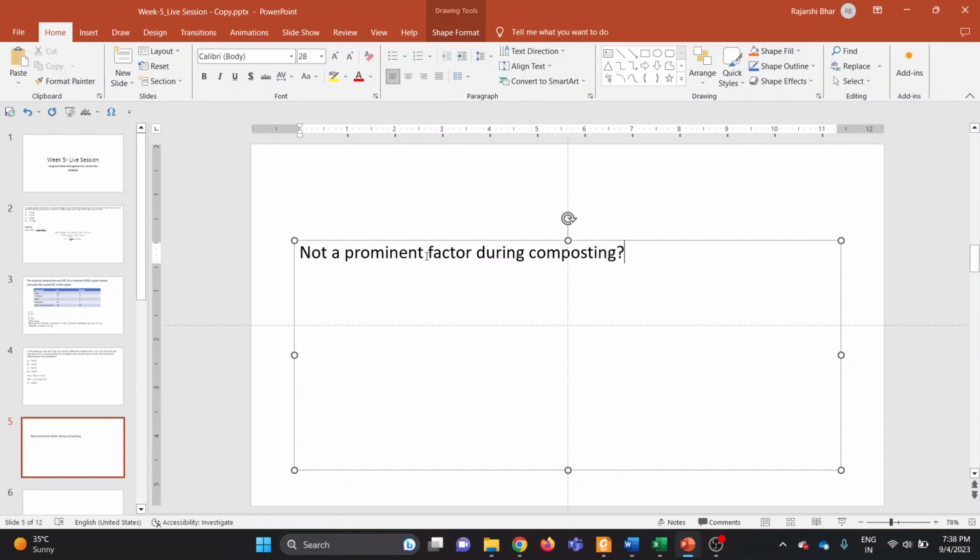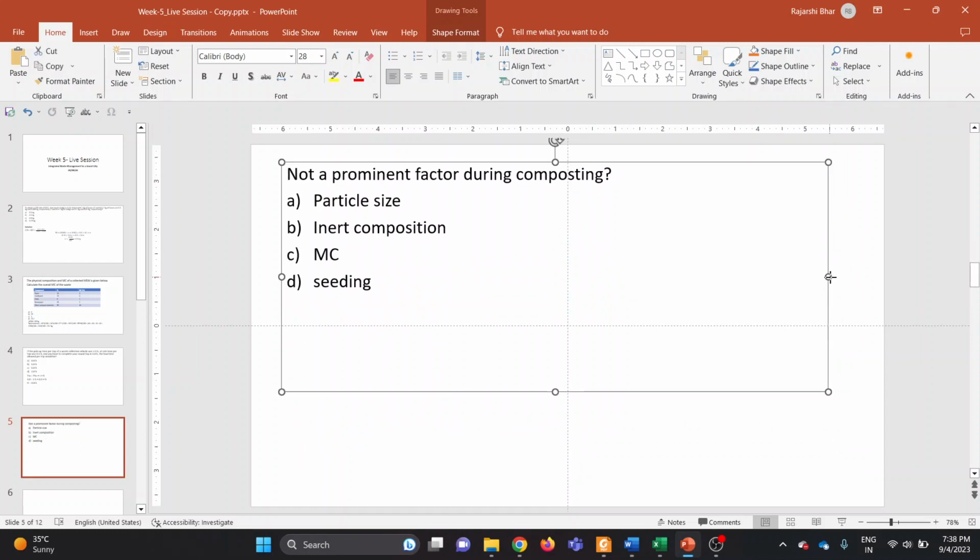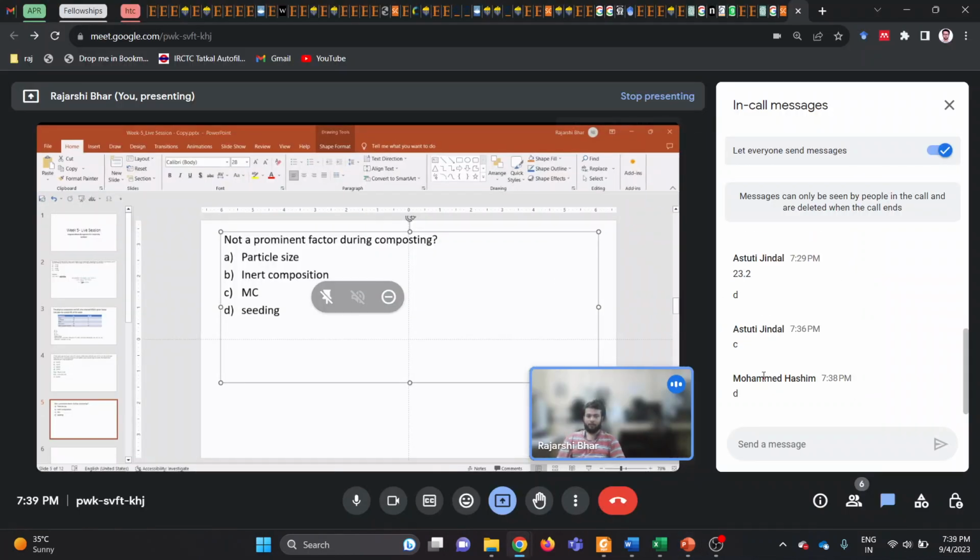And your options are, you have to choose the one which is not a prominent factor. Particle size, inert composition, MC, moisture content, and seeding. So I think you can quickly answer this question. Which of the following is not a prominent factor during composting?